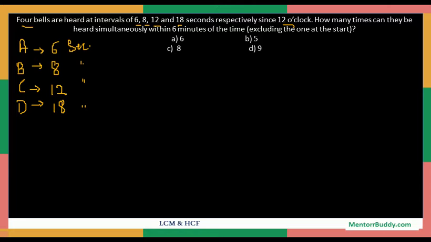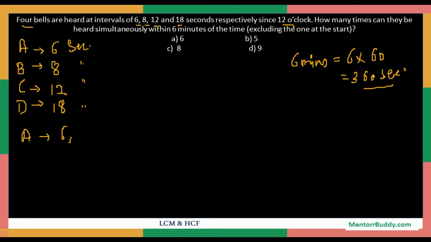Right, so 6 minutes is equivalent to 6 into 60, which equals 360 seconds. So the question is, in a span of 360 seconds, how many times are the 4 bells going to ring all together? Bell A must be ringing at 6, 12, 18, 24 and so on.